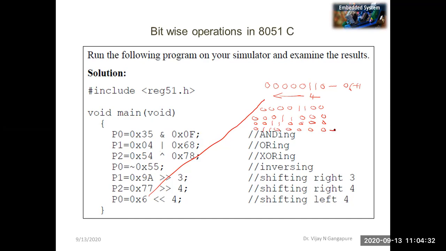So the result will be 60H. So this 0x6 left shift by 4 produces data 60H, and that will get outputted to port 0. In this way these bitwise logical operations work.